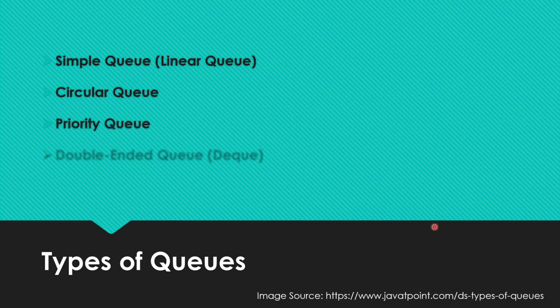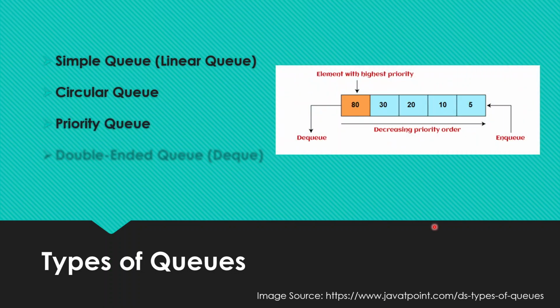Then we have a priority queue. So with a priority queue, as you might have guessed already, we have values that are associated with certain priorities, and depending on whether the queue is an ascending priority queue or descending priority queue, we are going to have the item at the front being either the largest or the smallest.